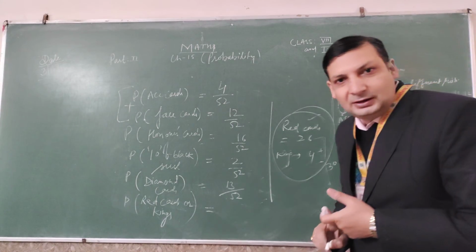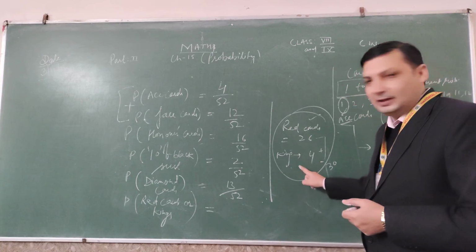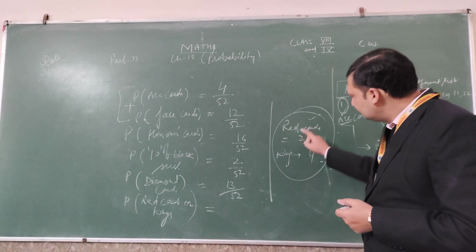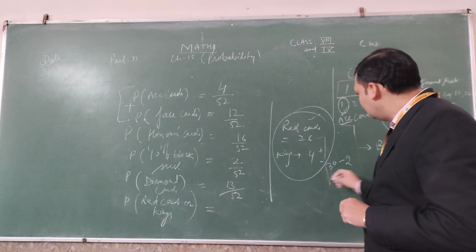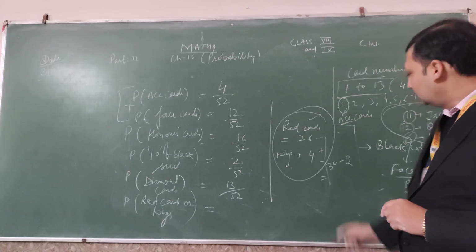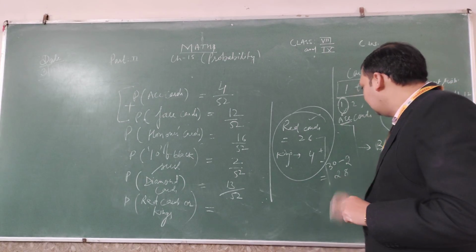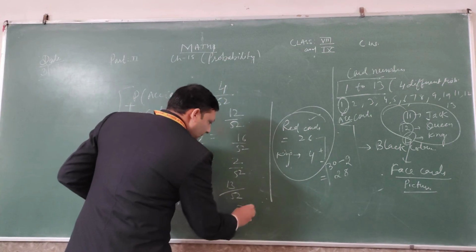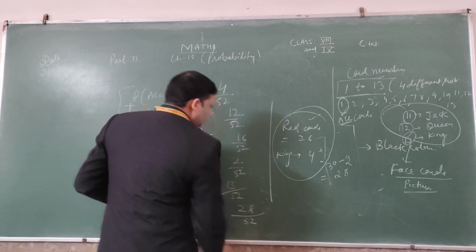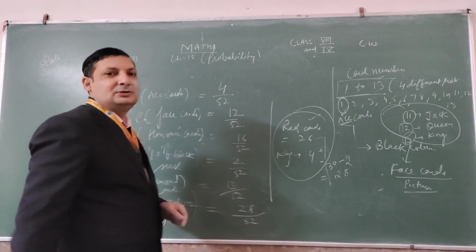Total outcome will be 30, which consists of red and king. But these red cards consist of 2 kings also, so we will subtract 2. So 30 minus 2, 28. 28 are the favorable outcomes, out of the possible outcomes of 52. We can divide these numbers also.